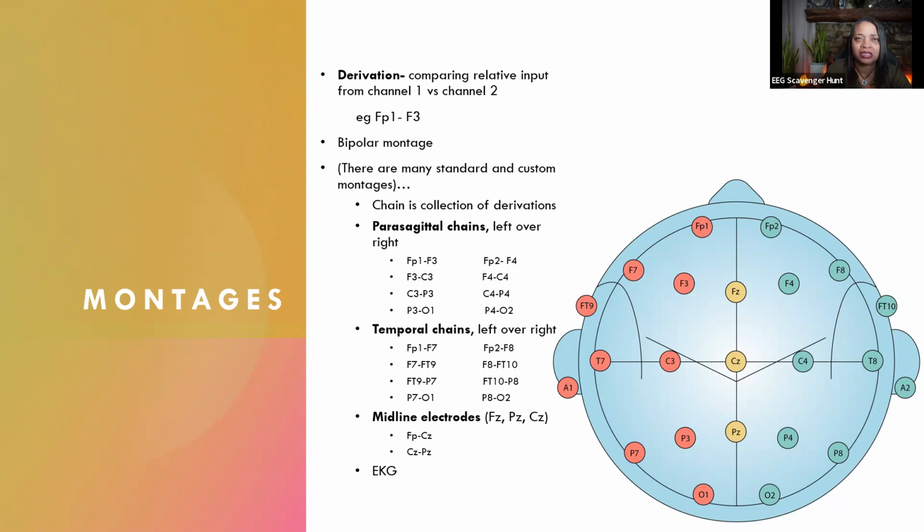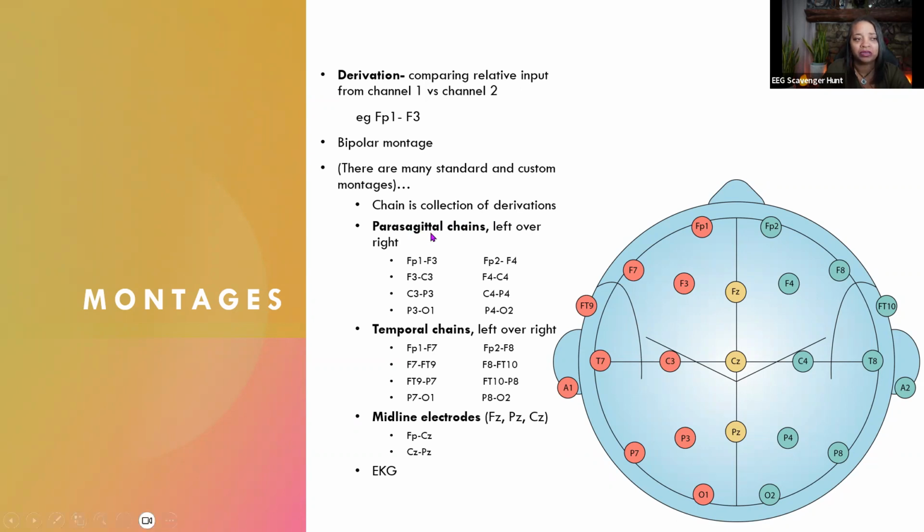And EEG is not an absolute measurement of things, it's a relative measurement of how FP1 sees those brain waves compared to how F3 sees those brain waves. And so each channel or derivation is going to be a comparison between those waveforms that are seen by each electrode.